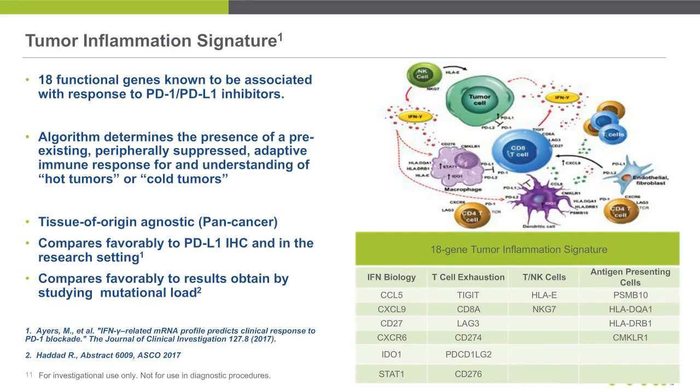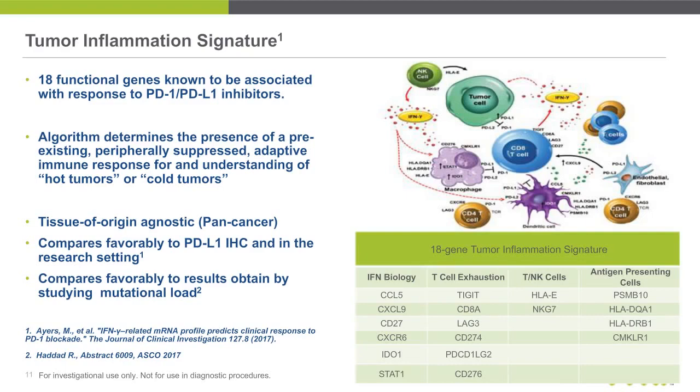So we're really asking 4 key questions. First, are antigen-presenting cells present within the tumor? And if yes, are T and NK cells, the effector cells, present here in the tumor? And then if both those cells are present, we're also looking for evidence that the T cells and the NK cells have become activated by looking for genes associated with interferon biology.